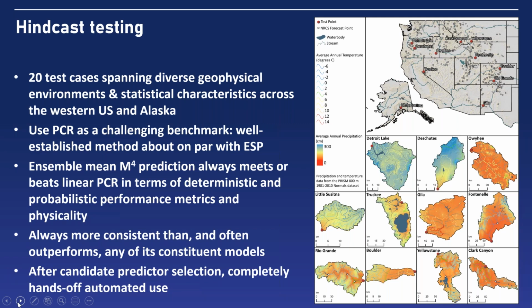So that was just one example. We've done some fairly exhaustive testing. One is a set of hindcast tests spanning 20 test cases over 11 locations across the western US and Alaska. Basically, it beat the old system, and the old system is actually a pretty good benchmark, reflecting how, for example, NWS RFC ESPs work, and various other technologies.